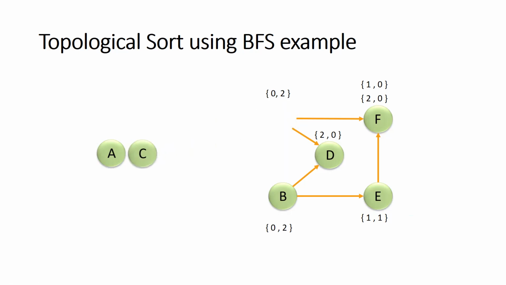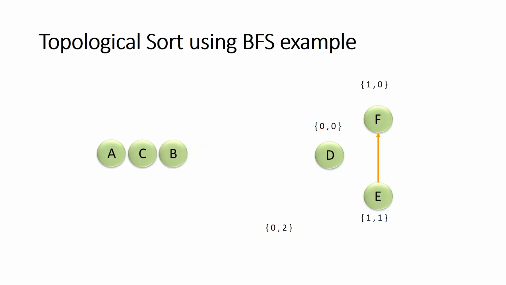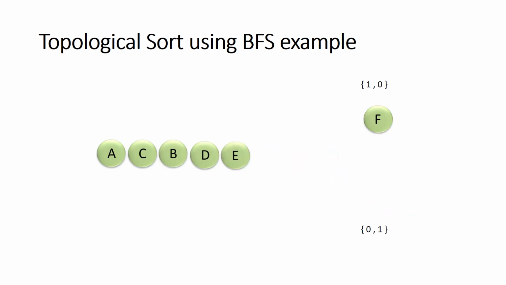Then we could choose either of these two nodes. Start with C. In the same way, we remove the outgoing edges and decrement the in degree of the destination nodes. Then node B, remove the edges, decrement the in degree for the destination nodes. D, it's 0. You will always choose the node with in degree equal to 0.